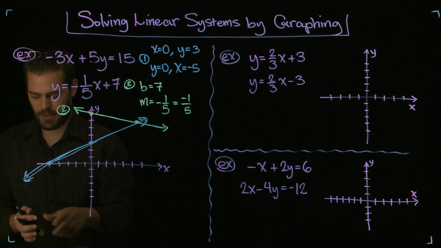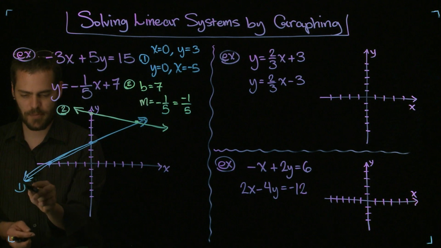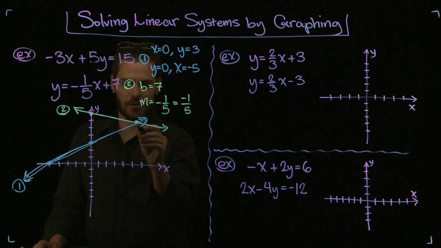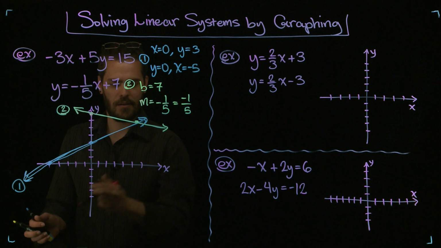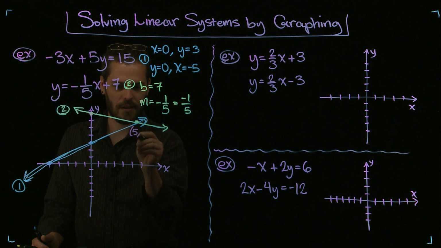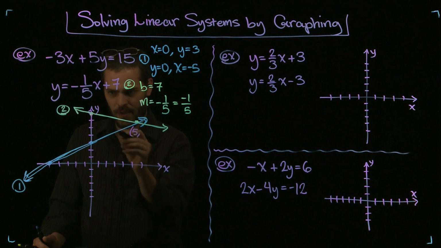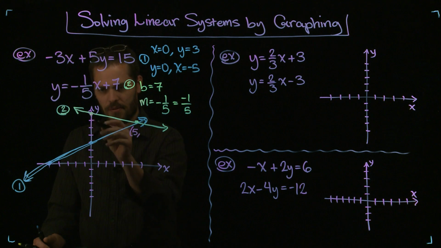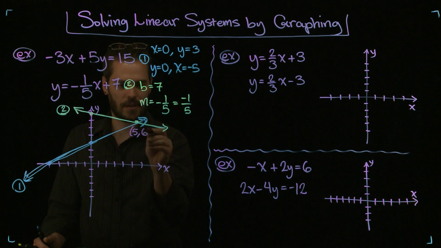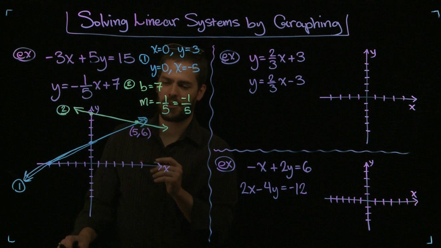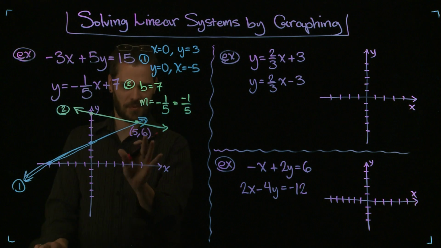Equation number 1. I suspect that the solution is located at x equals 5, because it lines up with x equals 5, and y equals 1, 2, 3, 4, 5, 6. So I shouldn't be satisfied with just suspecting the solution.